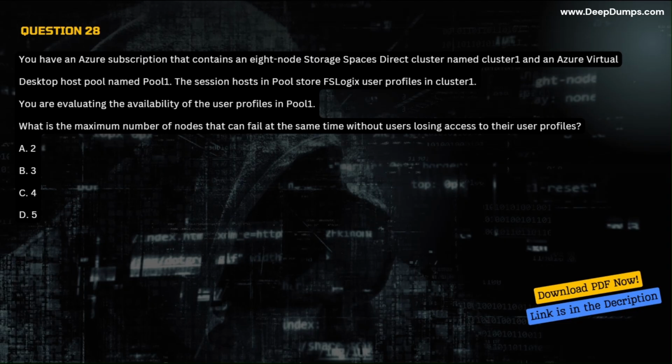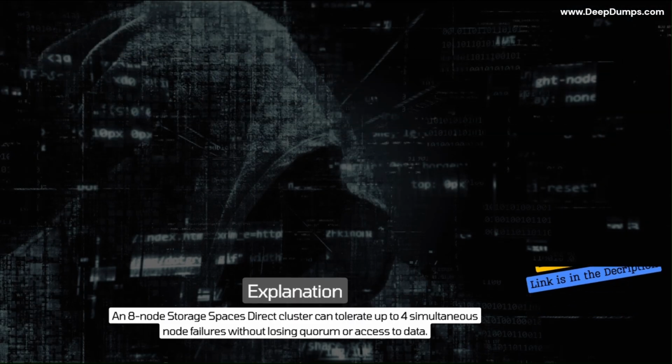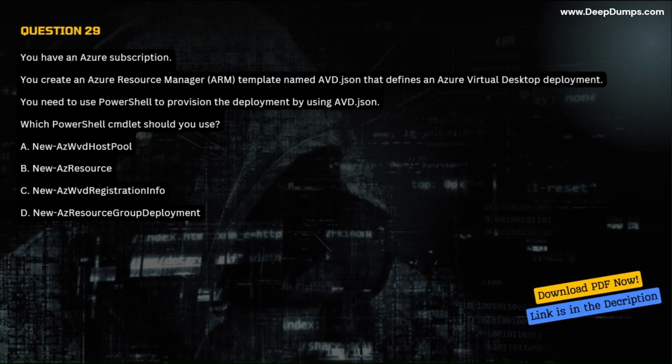A. 2. B. 3. C. 4. D. 5. Correct answer C. 4. Explanation. An 8-node Storage Spaces Direct cluster can tolerate up to 4 simultaneous node failures without losing quorum or access to data.